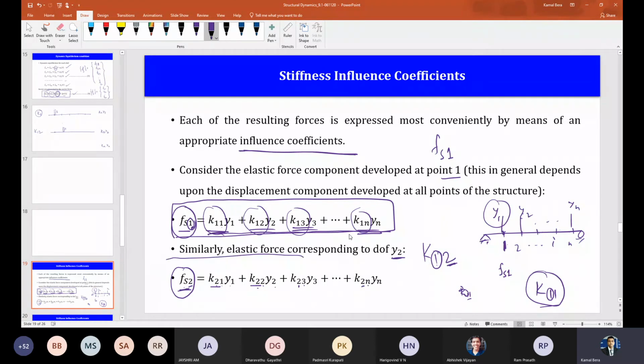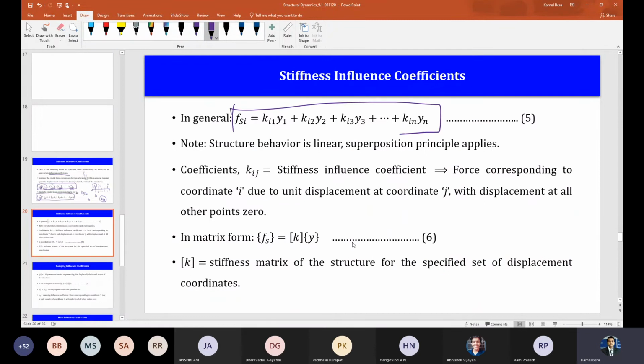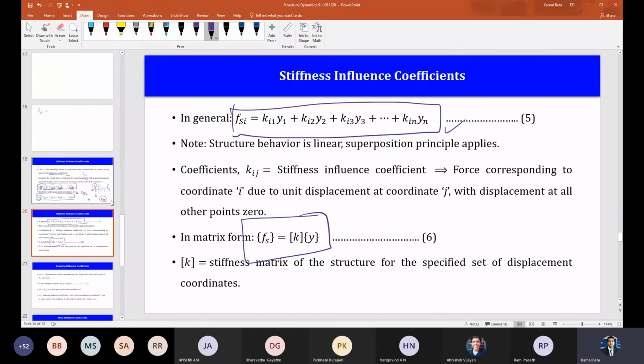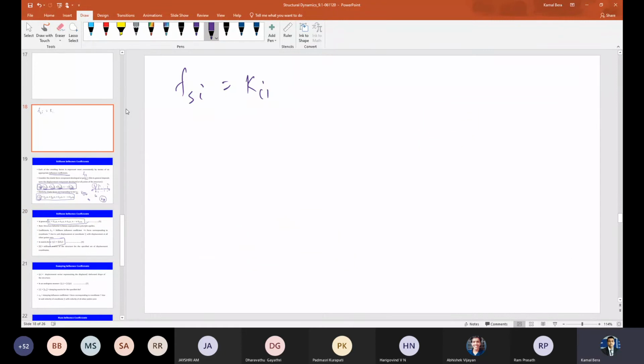Okay, so in general I can write like this: for i, Ki1, Ki2, Ki3, Kin. Now I can express this in matrix form. Understood? FSi equals Ki1 y1 plus Ki2 y2, and so on and so forth, up to Kin yn.